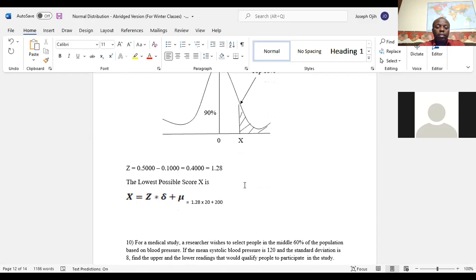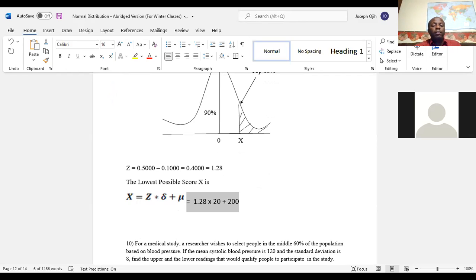Let me make it bigger so we can see it very well. That will give you the lowest possible score to qualify, which is about 1.28 times 20 plus 200.